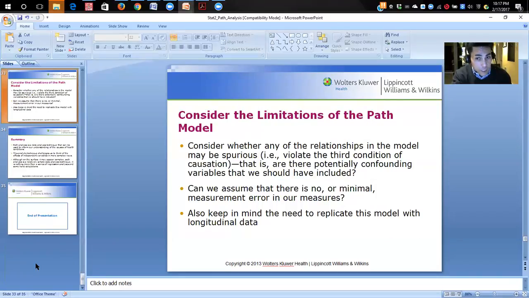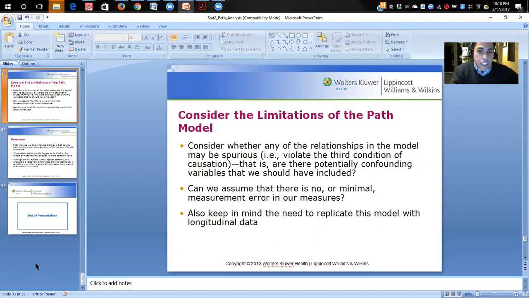That's why you need to do your homework as a scientist. You need to do a comprehensive literature review, and you need to really make sure that your path analysis model accounts for what you're supposed to account for, so that you don't violate the third condition of causation.